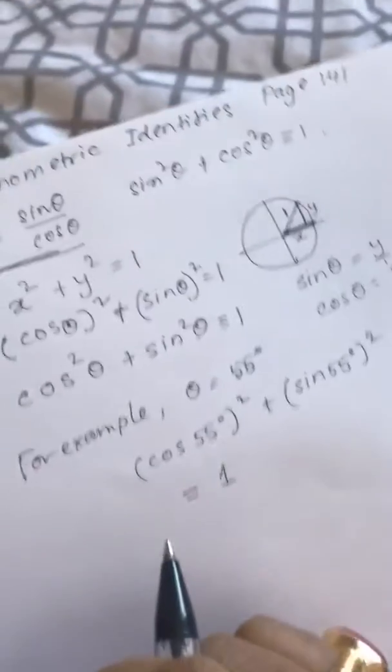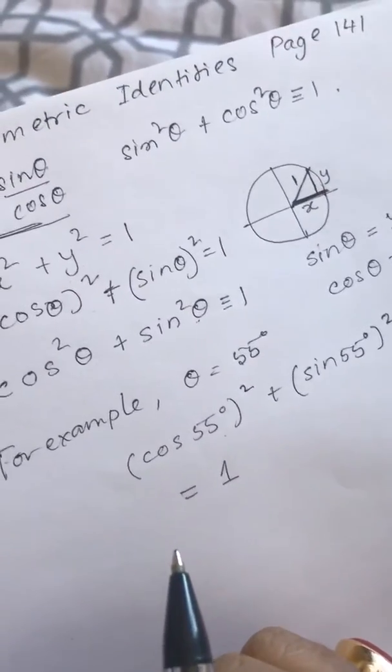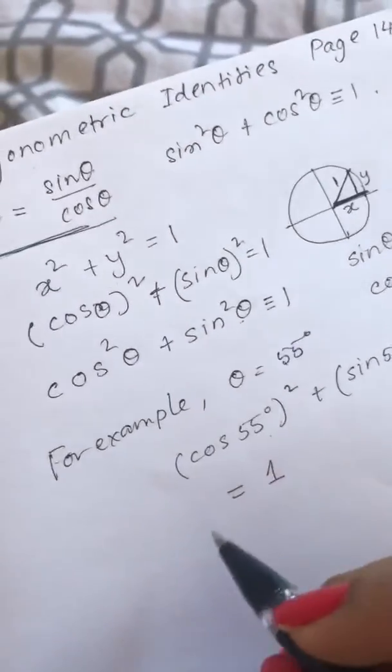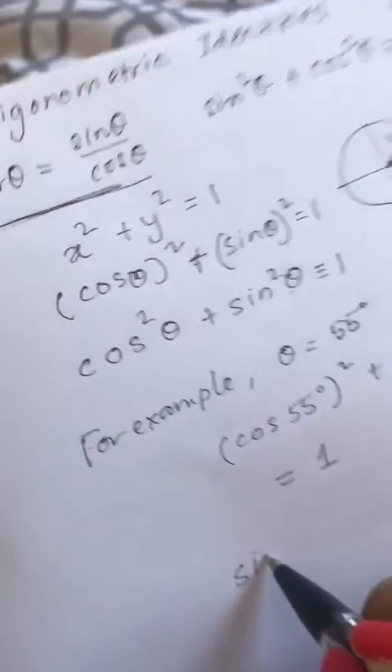And because it's true for every value in degrees and radians, that's why it becomes an identity.